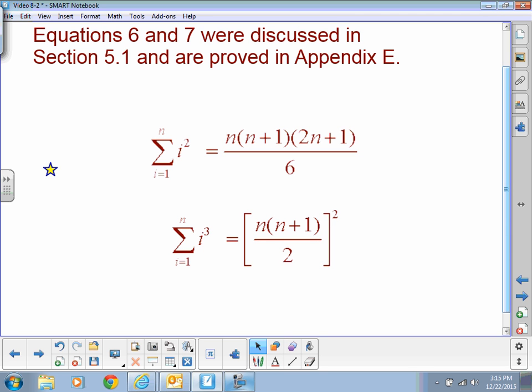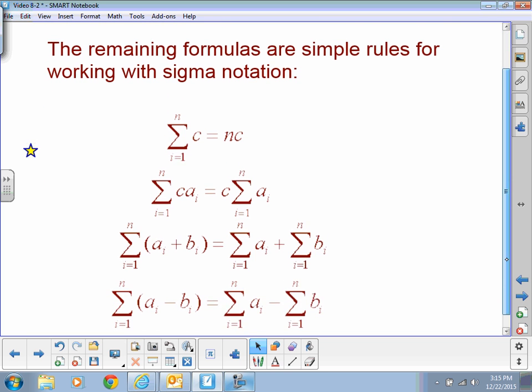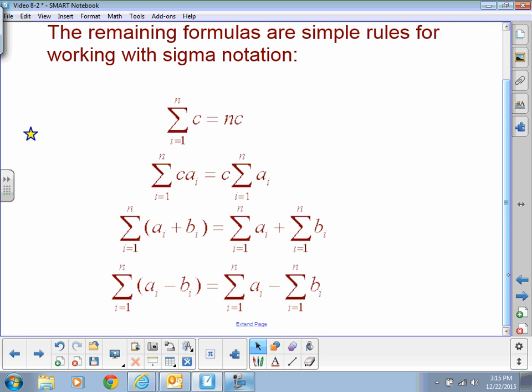Again, we saw those in a previous video. And then we have our one with our constant. And then a couple properties here. So if you have a constant times something and you're doing the summation of it, the constant can be pulled out in front of the summation. Also, if you're adding or subtracting two things inside your summation, you can do their summation separately.